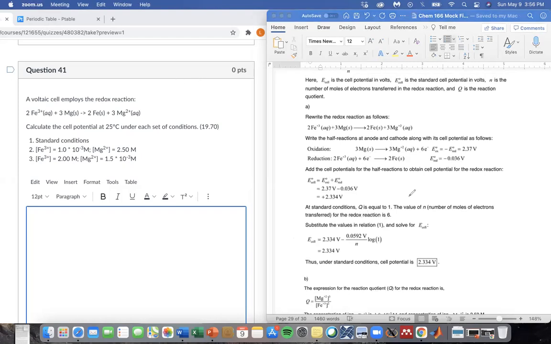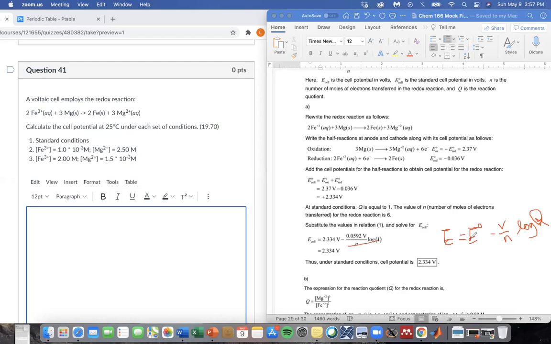We're calculating for a cell potential here, so we're actually calculating E. And so we would use E cell equals our E standard minus voltage divided by N times log of Q. Because our Q for standard conditions is 1 here, we can just plug it in, so this whole term is going to go to 0.